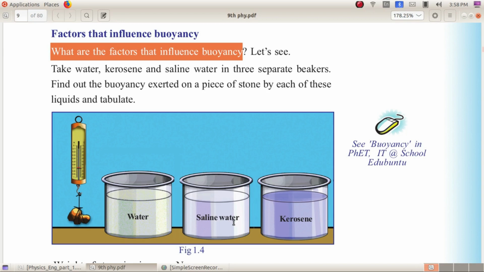Now, we can find the buoyancy of the copper block by finding its weight in air and its weight in water. By subtracting these two values, we get the buoyancy of the copper block. Now we have to find the buoyancy of the iron block.